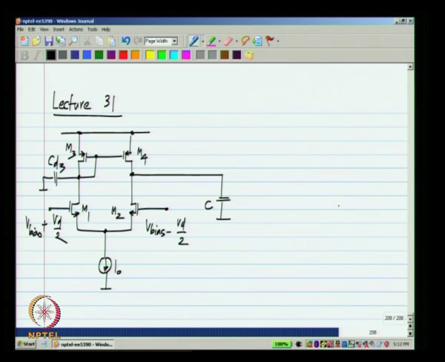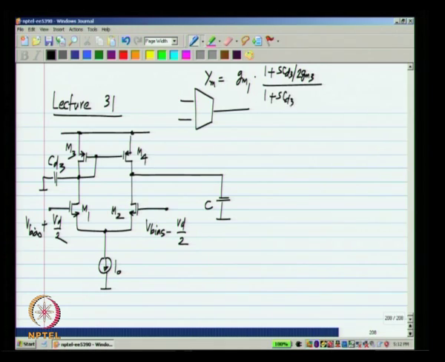Now, under these conditions we saw that we could model the entire op amp with a transadmittance Ym, which was GM1 times (1 plus S CD3 by 2 GM3) divided by (1 plus S CD3 by GM3).